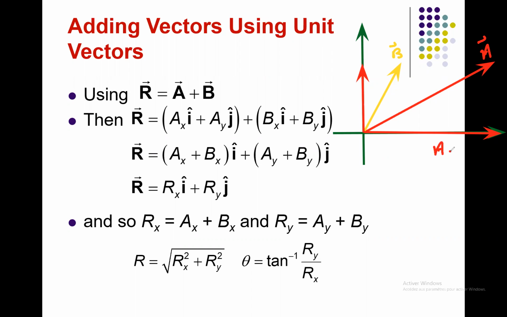This is AX, this is AX in the I direction. AX vector can be written as AX magnitude in the direction of I. If AX is in the other direction, we put minus I. The same for AY.